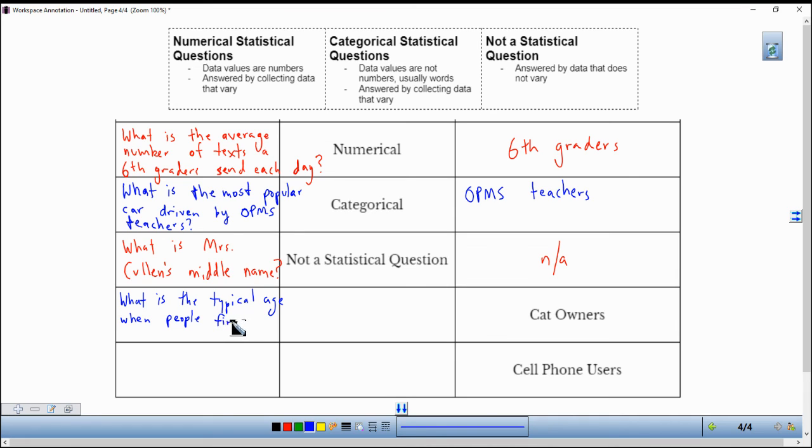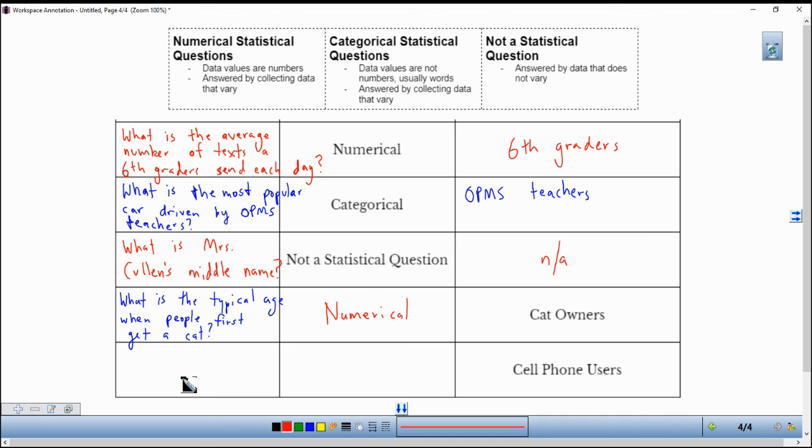So like, how old were you when you got your first cat? So then you think, well, what type of question is that? Is that categorical or is it numerical? Typical age, well, that's a number, so it'd be numerical. And that's statistical because people may have gotten their first cat at a different age, but you'd only ask cat owners that, or people that have owned cats.